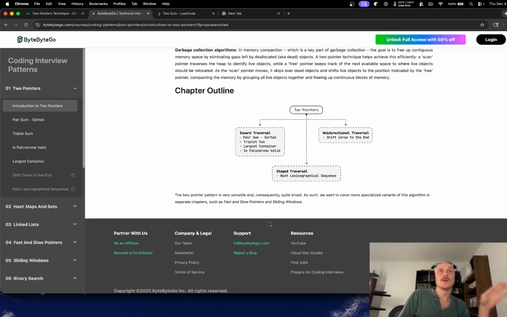Alrighty, so chapter outline, we have two pointers, and it has three strategies, which is inward traversal: pair sum sorted, triplet sum, largest. Oh, they're just naming particular problems that fall under particular strategies.